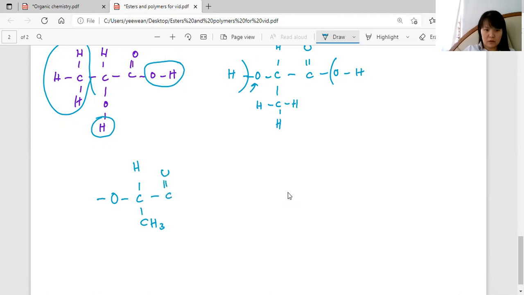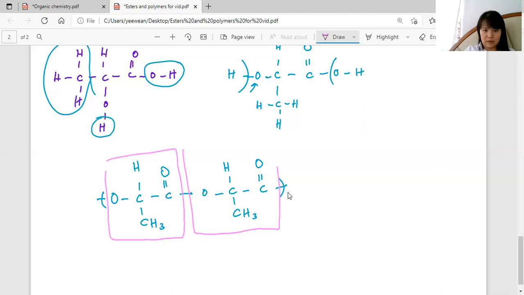CO. And that's it. Connect to the next one. I'll repeat this: O, CH, CH3, CO, bracket. This is 2 repeat units. So let's look at this. 1 repeat unit, 2 repeat units. This is my ester link.